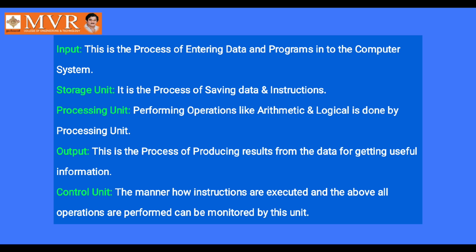This data has to be fed into the system before actual processing starts. I am repeating again: whatever data is given by the user should be stored in the system before starting the actual process. Why? Because the unit that performs all the control and logical operations, the central processing unit, is so fast.